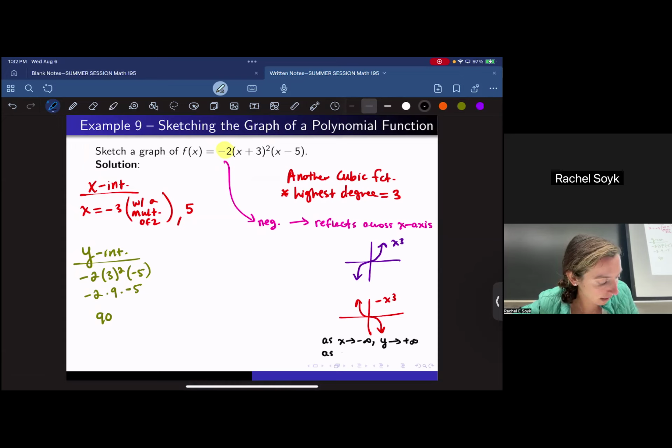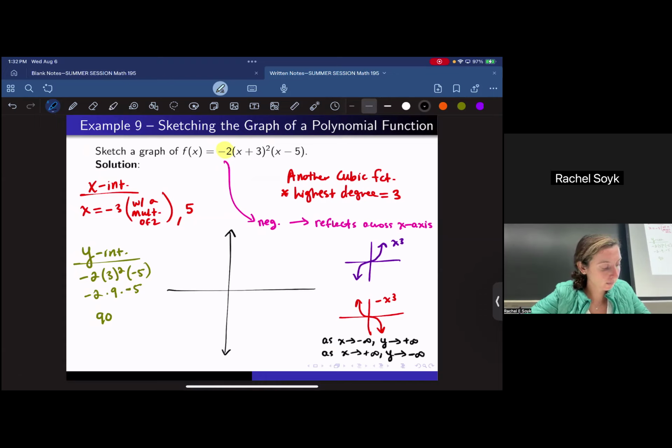And then as x goes to +infinity, y shoots down to -infinity. So now we have all that we need in order to sketch this out. We're going to go ahead and plot in our x-intercepts.